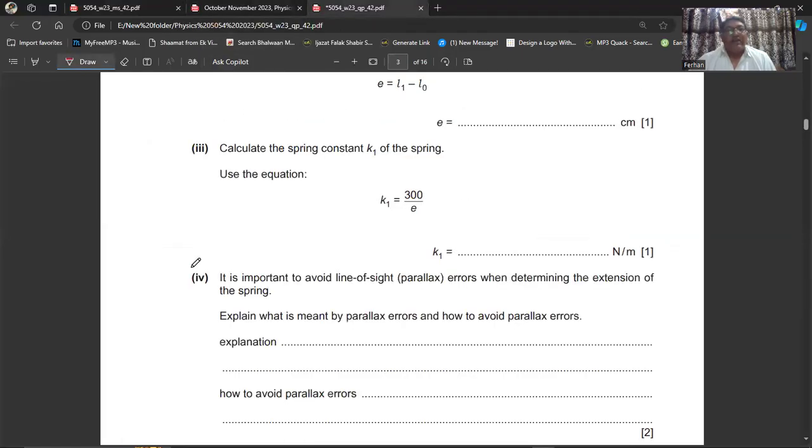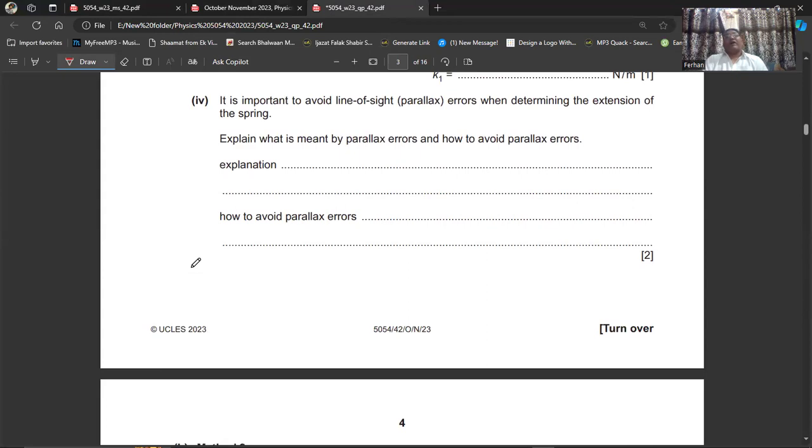Then we have: it is important to avoid line of sight parallax errors when determining the extension of the spring. Explain what is meant by parallax error and how to avoid it. Whenever you note down a reading from any scale, your line of sight must be perpendicular to that point on the scale from where you are taking the reading. If your line of sight is perpendicular to that point, then you will note down an accurate reading.